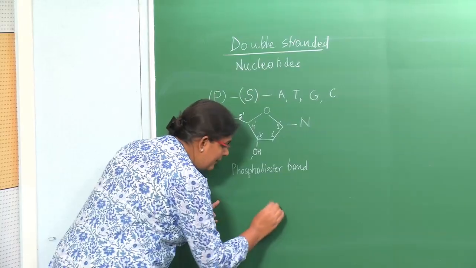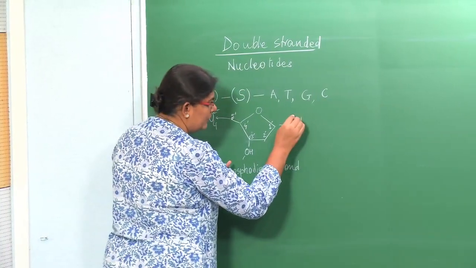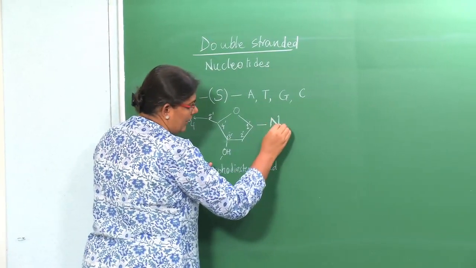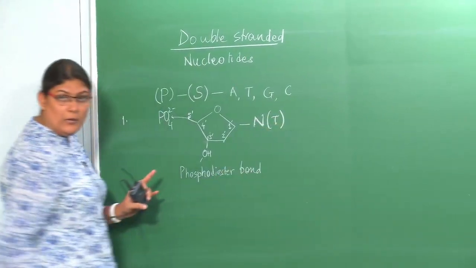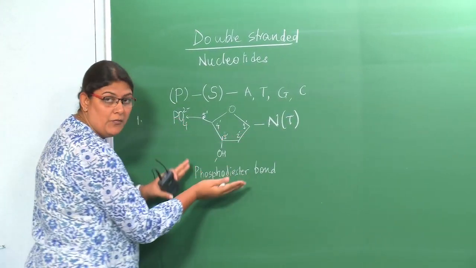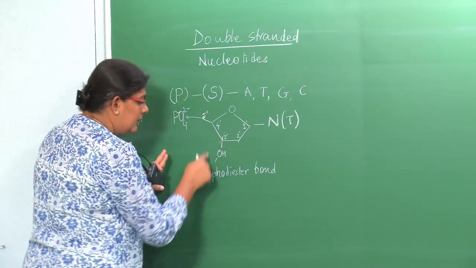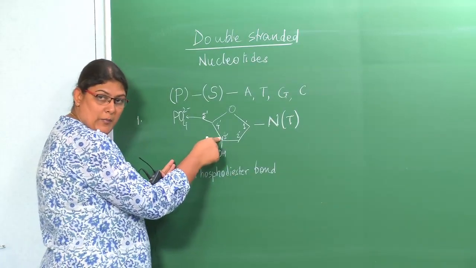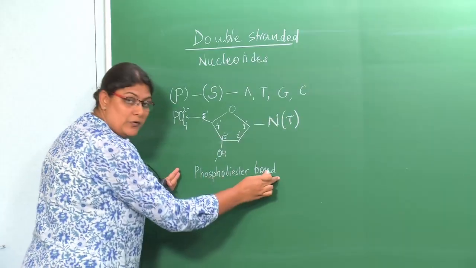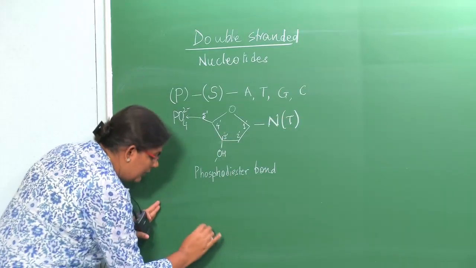So, let us say this nucleotide was a T, and it has to form a phosphodiester bond with the next incoming nucleotide.